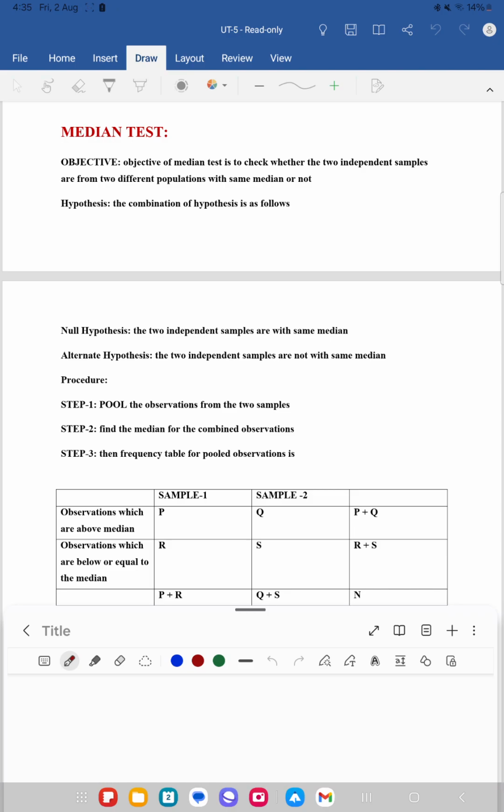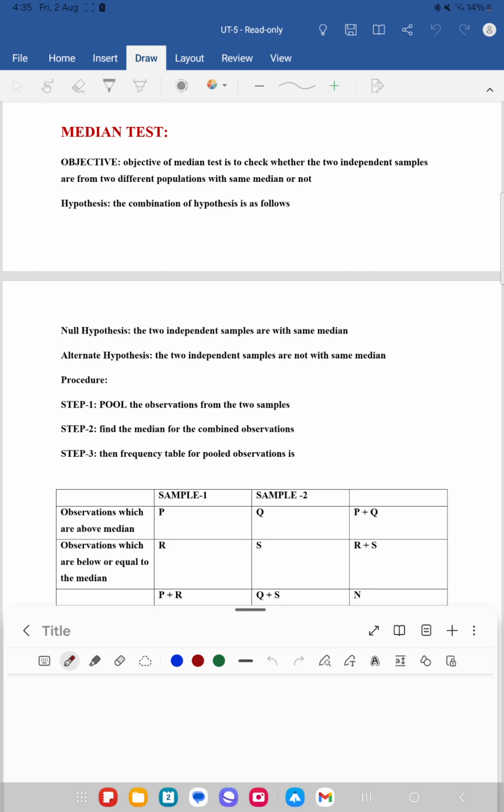But if the data do not satisfy the condition of normality, then we have to apply non-parametric tests.